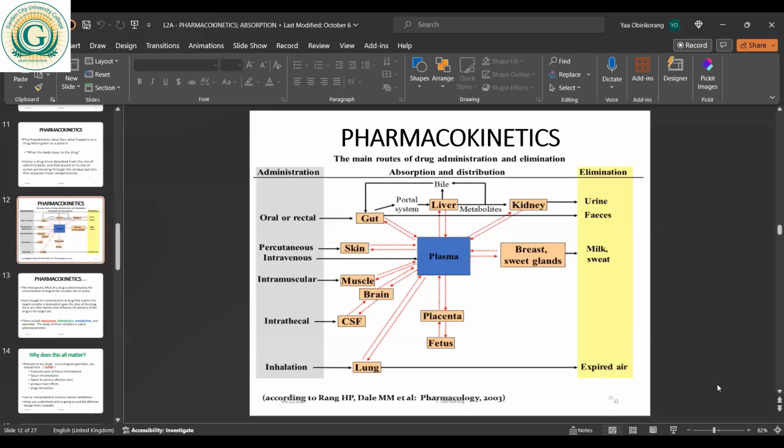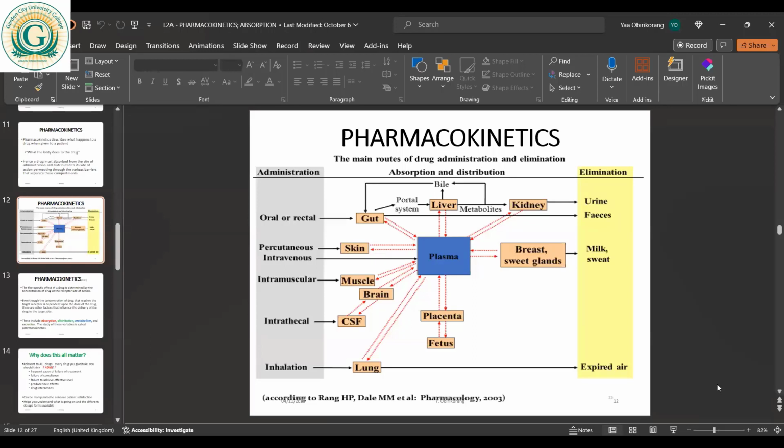One is first pass effect, or first pass metabolism, or pre-systemic metabolism. This is the metabolism that happens before the drug is absorbed into systemic circulation.